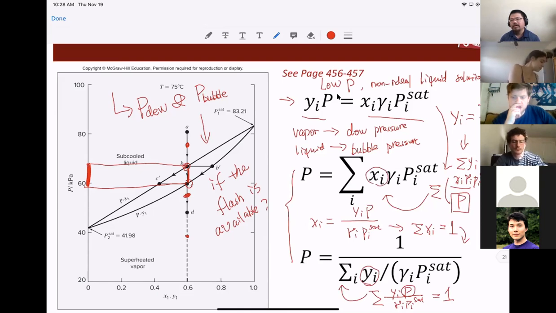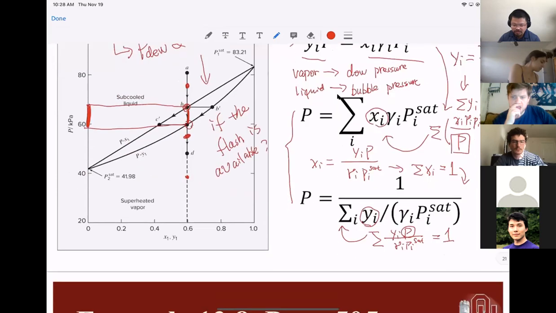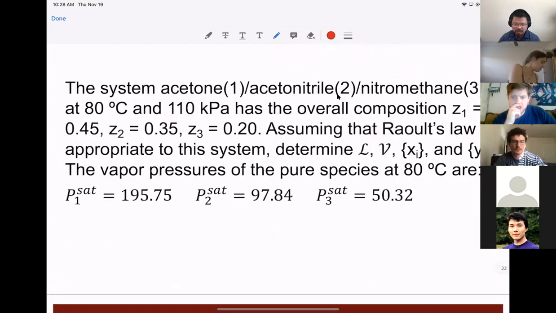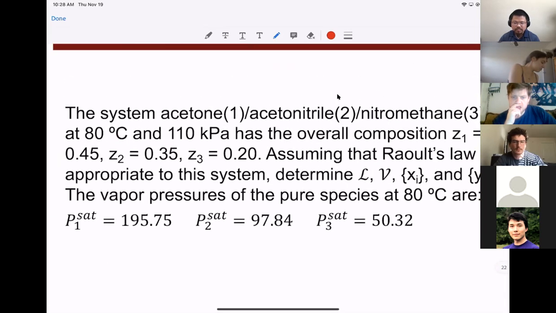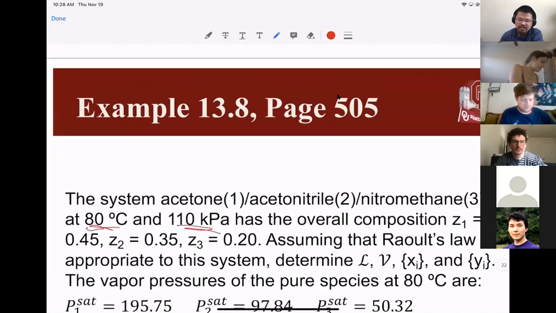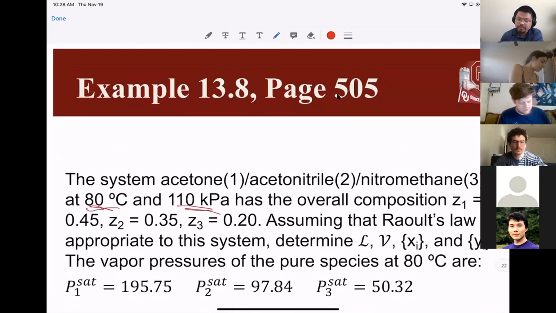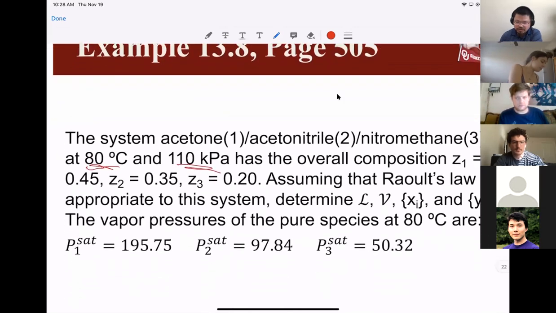Okay. So now let's move on. I want to spend the last 2 minutes on this problem. It says the system, we are going to have 3 components, 1, 2, and 3. We know the temperature, we know the pressure, and by the way, this is the textbook example. We know the overall composition, right?